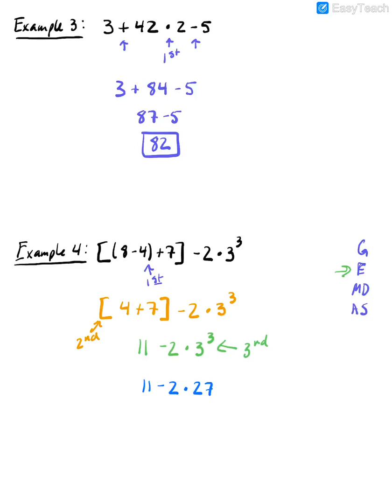Here I have a subtraction and a multiplication. Multiplication goes first. So then I go to do that. So 2 times 27 would be 54. So I still have the minus sign with the 2. So negative 54. So 11 minus 54 would end up being negative 43. Okay? And that would be my final answer.